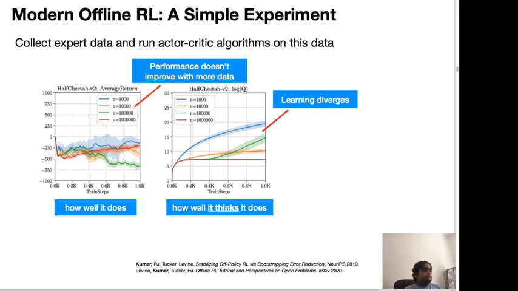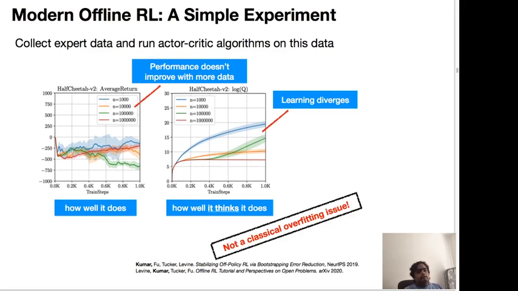In all cases, if overfitting was really an issue, we would have expected a trend that said more data implies higher performance. However, if you see in the curve here, even when you provide it with 1 million samples, which is shown in the red line, the performance is actually not better than 1,000 transitions, which indicates that this issue is not really a classical overfitting issue, which you see in supervised learning.